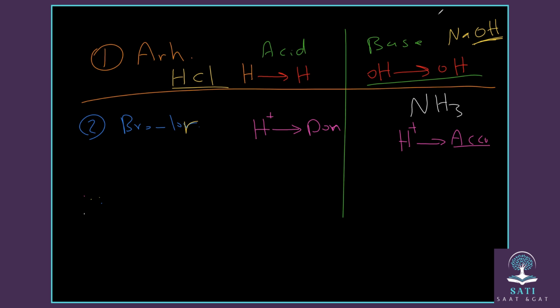Did they mention hydroxide? No. They gave a definition based only on accepting or donating hydrogen ion. In this case, if we go to NH3, based on Bronsted-Lowry, it is a base. That means this definition includes NH3.